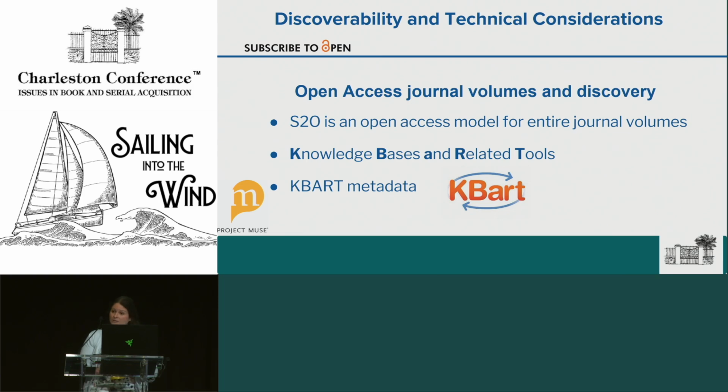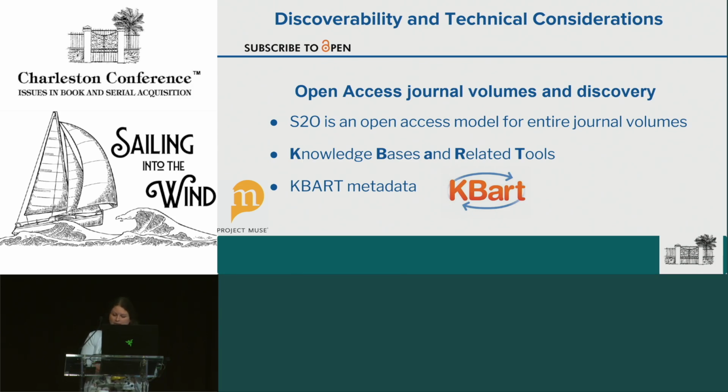So since there are many discovery and technical considerations, today I'll be focusing just on KBART metadata. Knowledge Base and Related Tools, or KBART, is the NISO recommended practice that allows institutional discovery layers to accurately describe content holdings. It describes a combination of these 6 types of metadata all in one file.